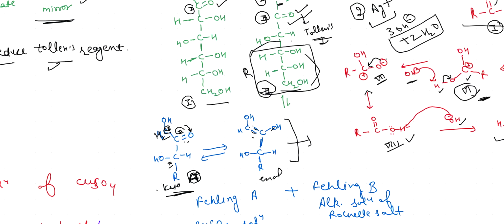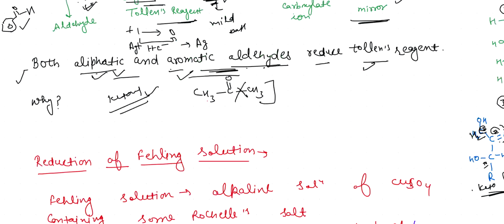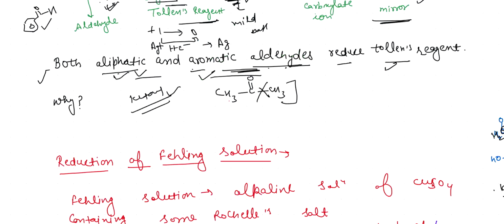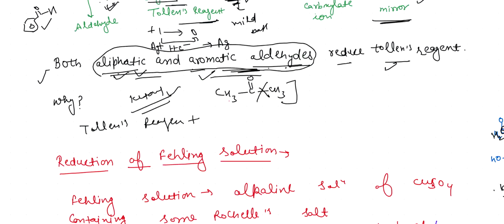Clear? So if I would like to summarize, you can say using Tollens reagent only aliphatic and aromatic aldehydes can be reduced along with fructose. Fructose is the only ketone which can be reduced using Tollens reagent.